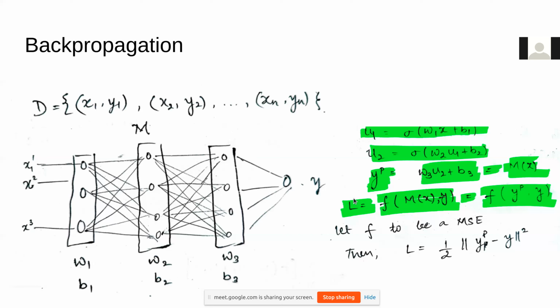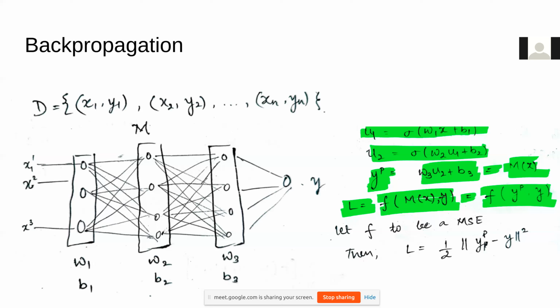Now, to learn these weights, we need a loss function which makes sure that when we update the weights, we are able to achieve the target. This loss function should reflect the target we want to achieve. For example, in classification, the loss function will make sure that most of the examples get classified to the correct class.